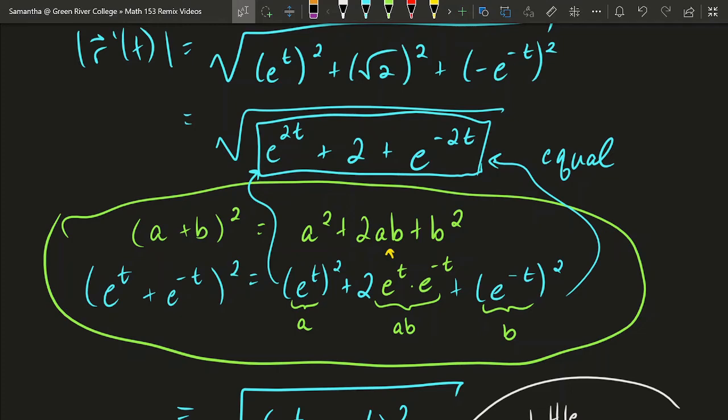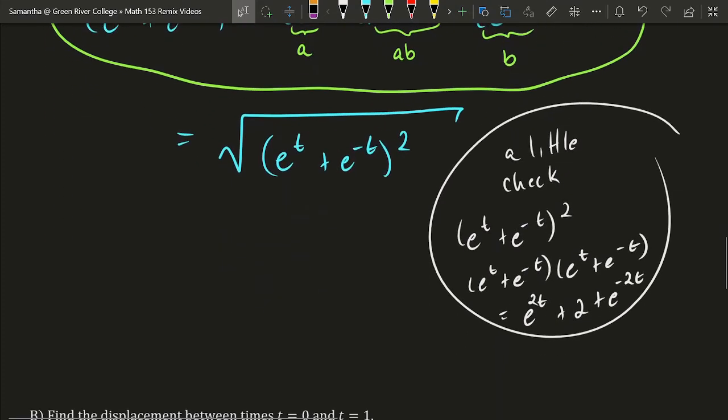All that we've done is essentially factor it. Now that we've factored it in this way, we can simplify the speed as e to the t plus e to the minus t. So this formula will give us our speed at any given time.